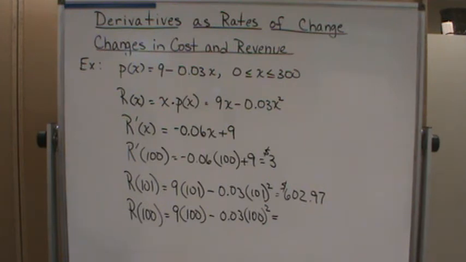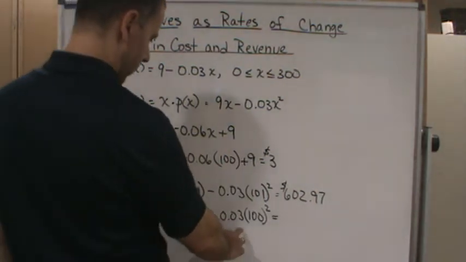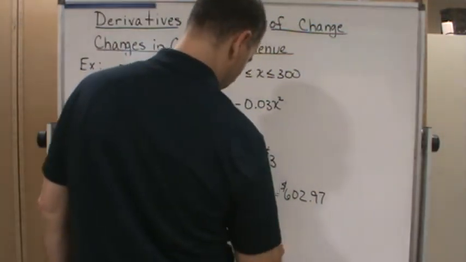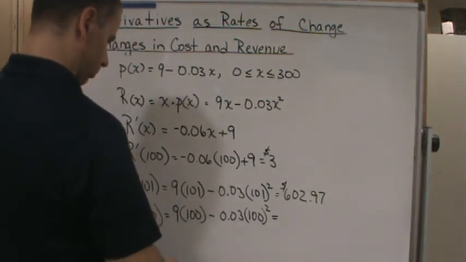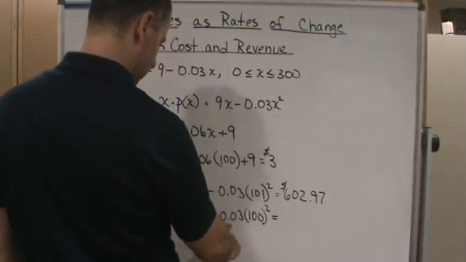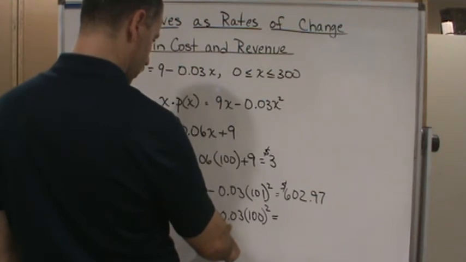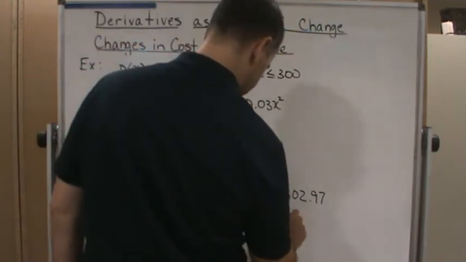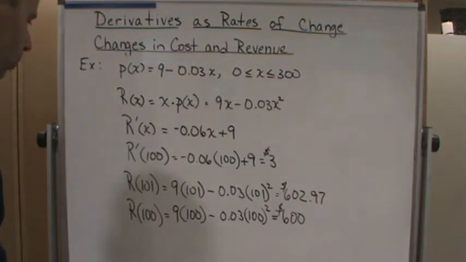We get 600. Right? So this would be 900 minus 300, which is 600. Oh, hold on. This is 10,000 times 0.03. Yeah, 300, so yeah, it'd be 600.